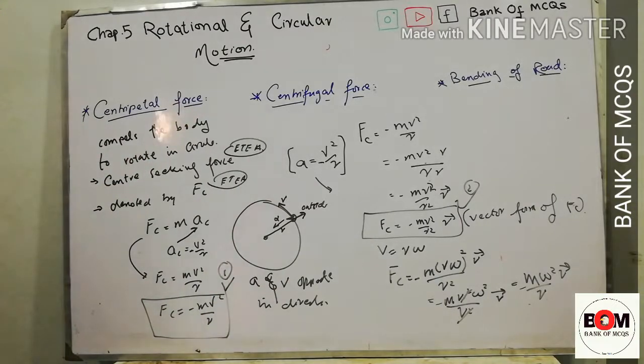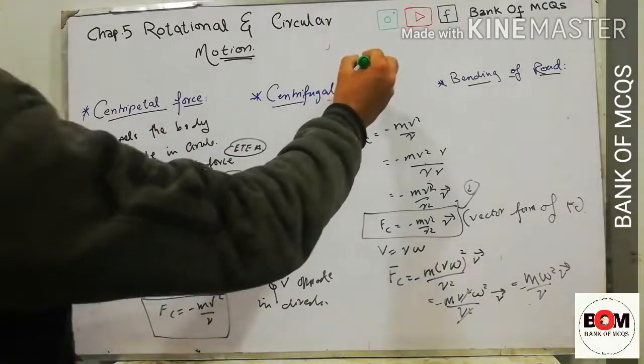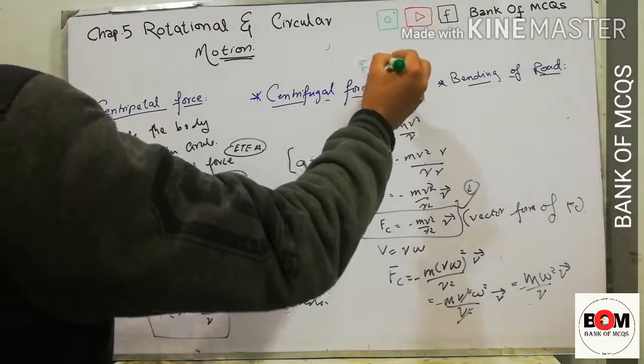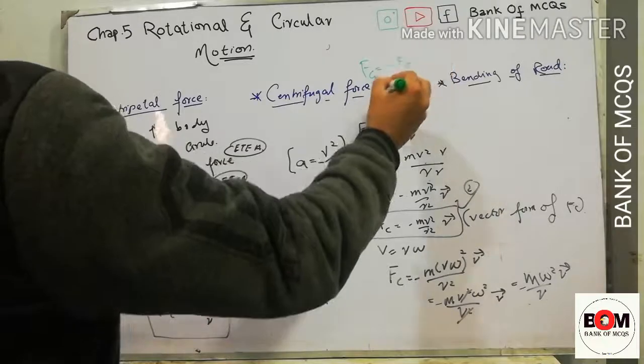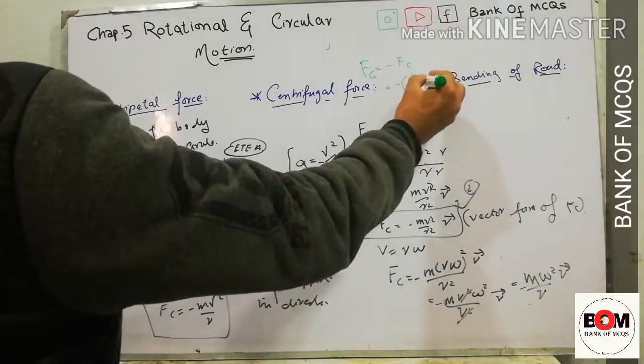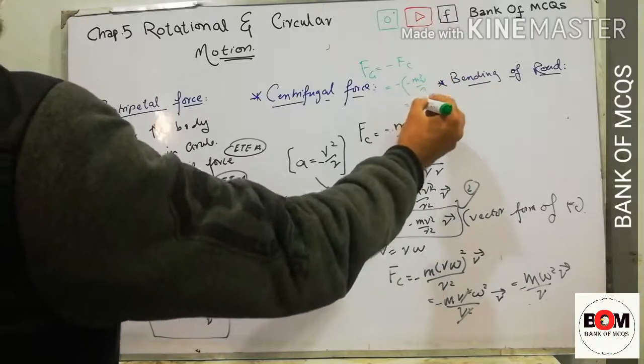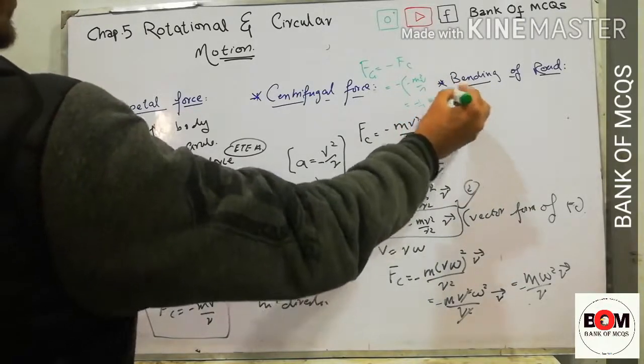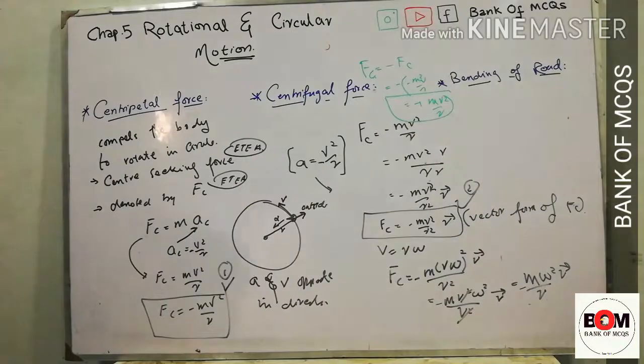And the centrifugal force is the opposite of centripetal force, that is sometimes denoted by Fg, that is equal to minus Fc. So minus into minus Fc is equal to minus mv square divided by r. So it is equal to minus minus into plus mv square divided by r. So mv square by r is the equation of Fg.